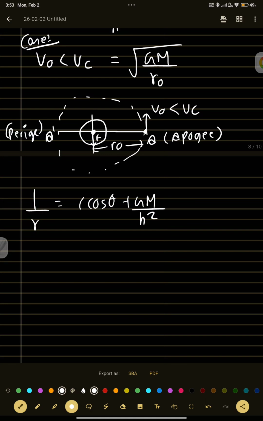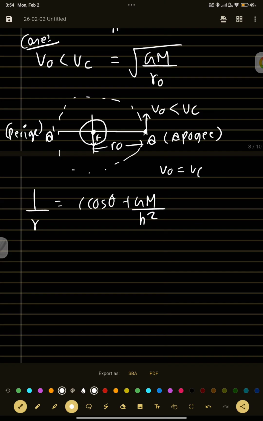When V naught is equal to V circular, then what will be the trajectory? It will be a circle, and this will be the orbiting radius. R naught will become our orbiting radius.